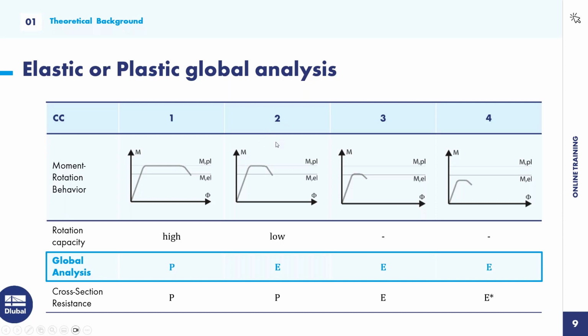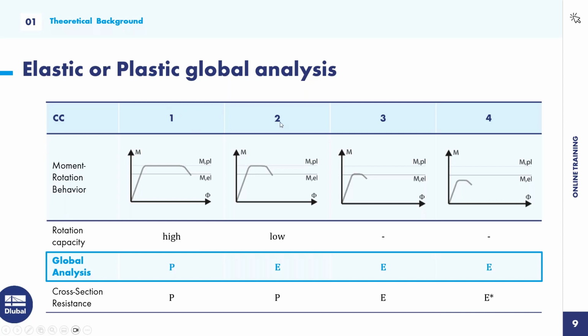Then cross-section class 2 has a low rotation capacity, and this allows an elastic structural calculation. And as with cross-section class 1, the cross-sectional resistance can also be applied plastically. Cross-section classes 3 and 4 allow an elastic structural analysis, and the cross-section resistance can only be applied elastically.